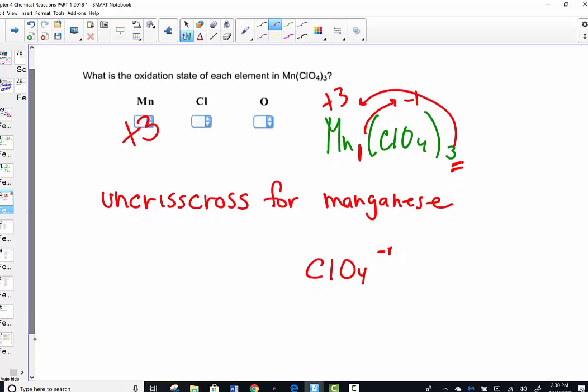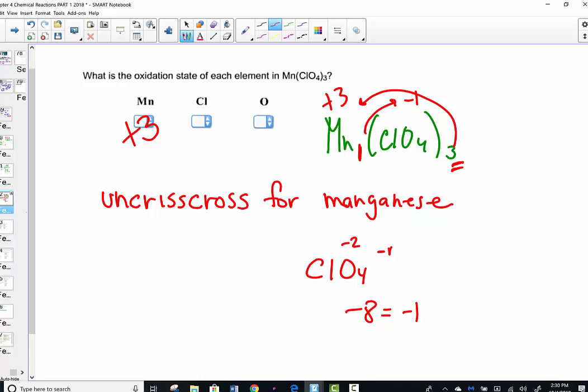There's a rule about oxygen. The rule says it's always, always, always a -2, giving me a net negative of -8 altogether. The polyatomic is -1, so what will chlorine need to contribute to keep it at a -1?